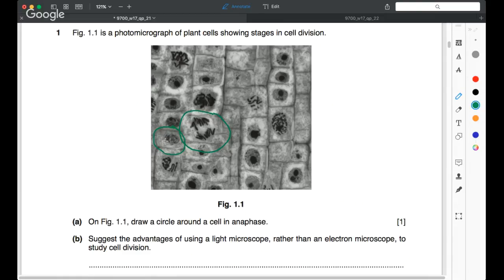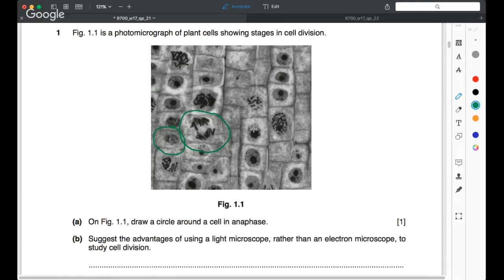Can you see any of them here? Could be this, but no, not really. There aren't any. Good. And there's anaphase there. How about telophase? So telophase is where the chromosomes uncondense and the nucleolus reforms together with the envelope.